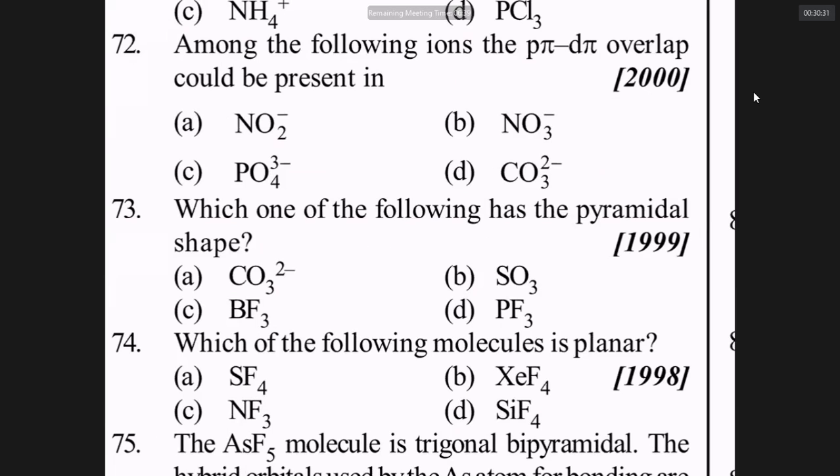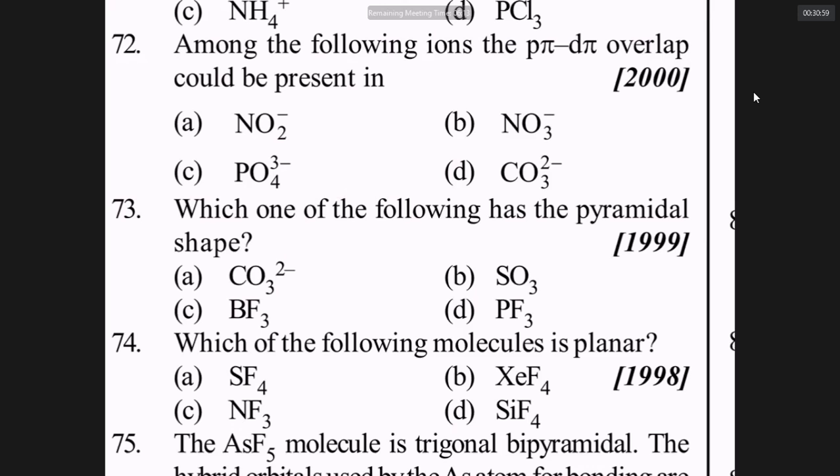Sir, can you please re-explain p pi d pi bond? Who will have d orbitals? Only from the third period onwards, atoms will have d orbitals. D orbitals are not present in second period elements. They have only two shells. To have d orbitals, you require an element of the third, fourth, fifth period, and so on.